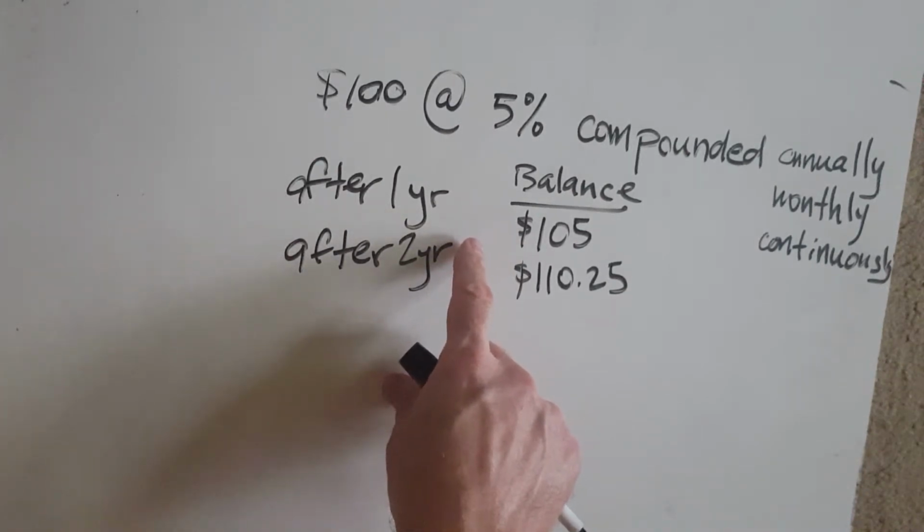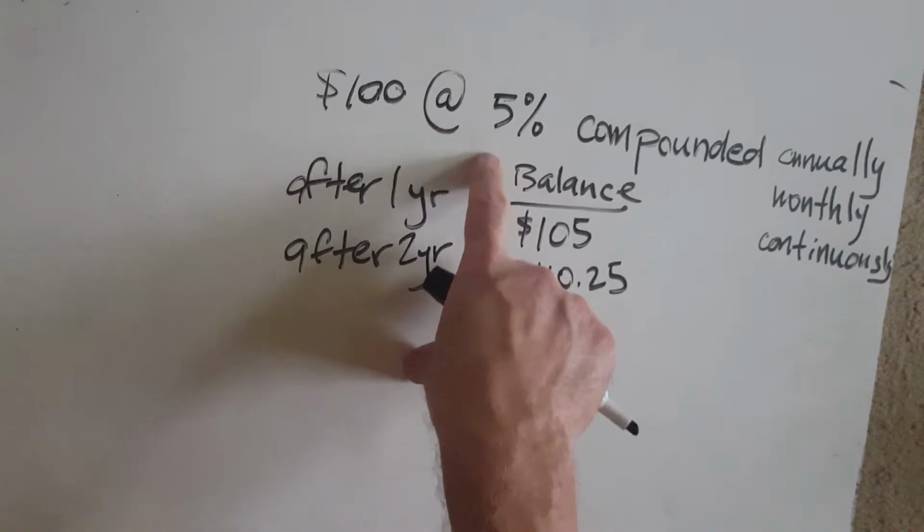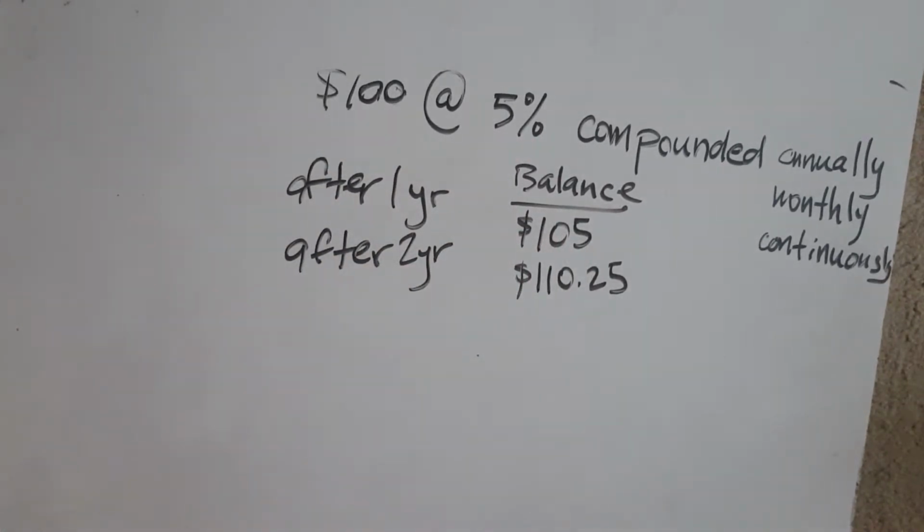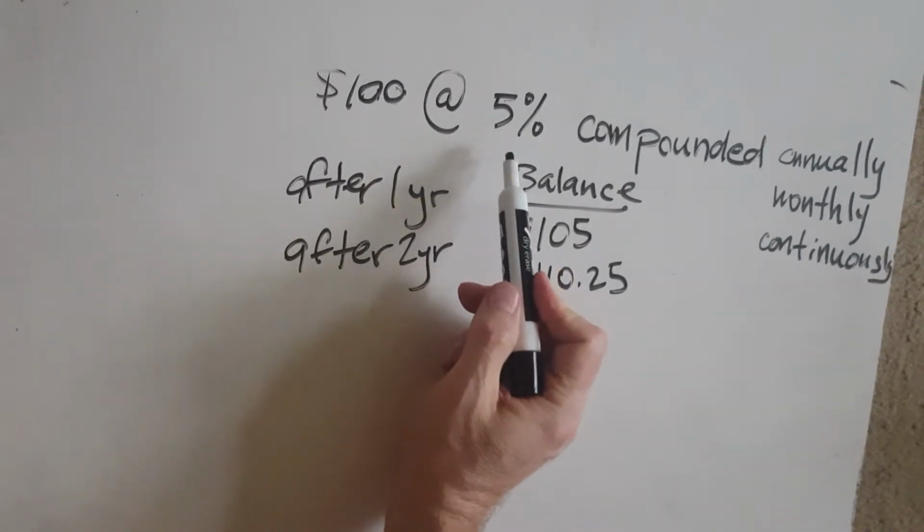What you would do is add half of that. So you would add half of 5%, or 2.5%, if your compounding period was semi-annually. If it was monthly, then you would add 1/12 of 5%.